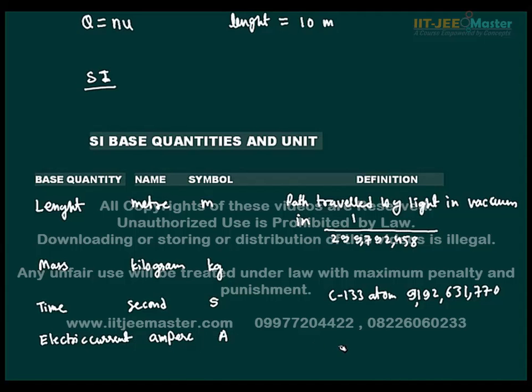Symbol is capital A, and the definition is given as: if equal currents are flowing in two parallel wires which are at a distance of 1 meter from each other, having a force of 2 into 10 to the power minus 7 Newton per meter, where Newton is the unit of force, then this current is 1 ampere. This definition was given in 1948.